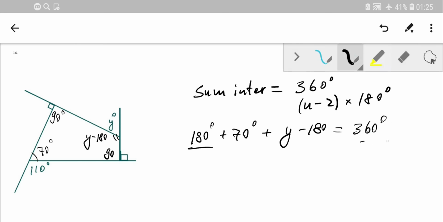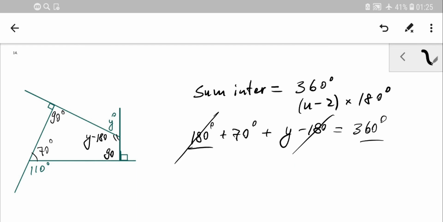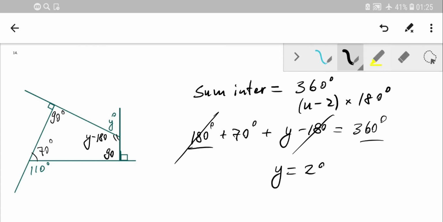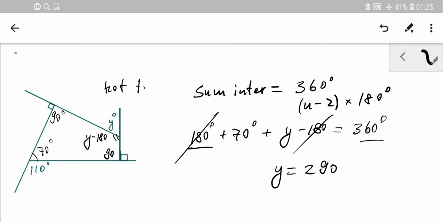Okay, so subtract, cancel is better, and 360 minus 70, so y is equal to 280. Yeah, so fair enough, and not to scale, I guess. Not to scale.